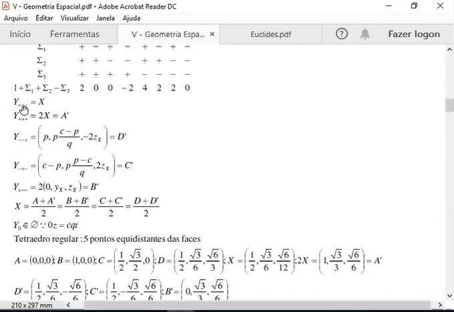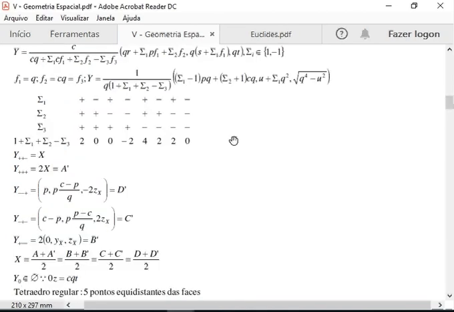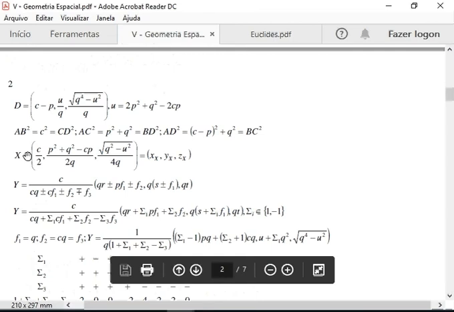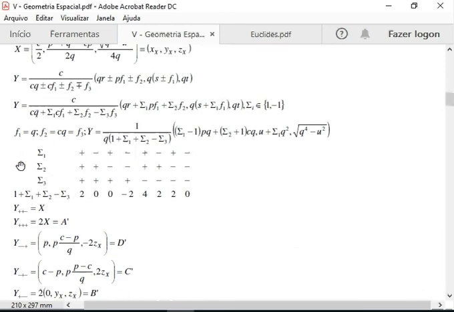There exist plus plus minus, plus plus plus, minus minus plus, minus plus minus, plus minus minus: 5 points. And we're going to calculate. Plus plus minus gives X. Plus plus plus gives a point A line, which is 2X, where X is the same circumscribed sphere center as above.